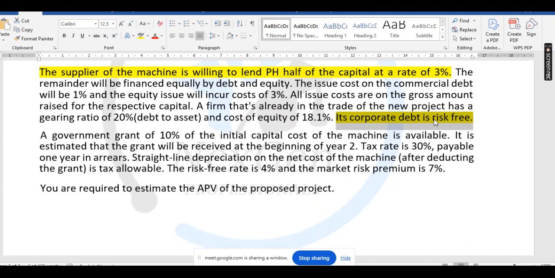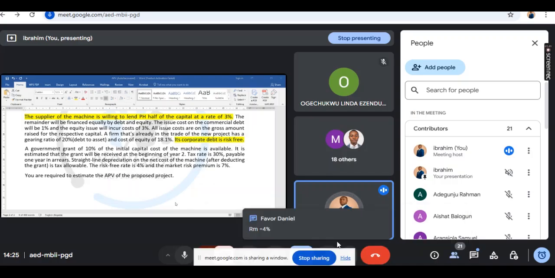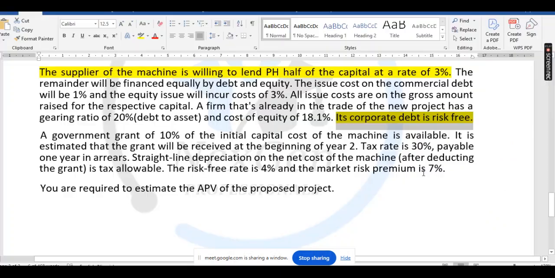And don't forget, commercial rate is always higher at any given time. And we're given a market risk premium of 7%.